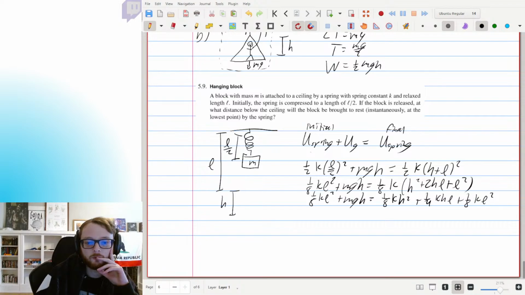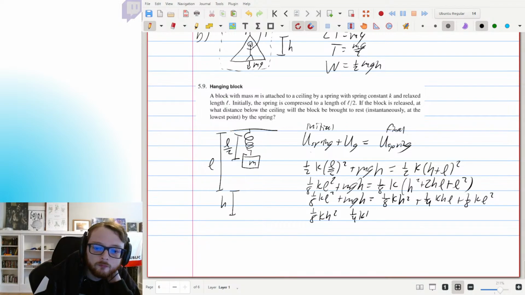The 1/8 KL squareds cancel. Get everything onto one side. Plus and minus like that.